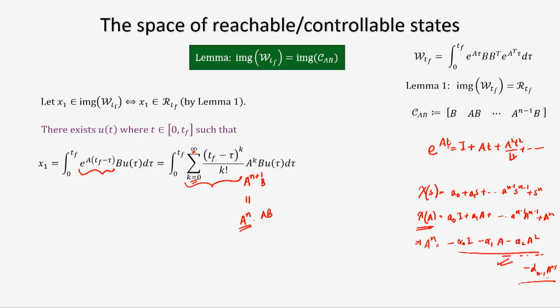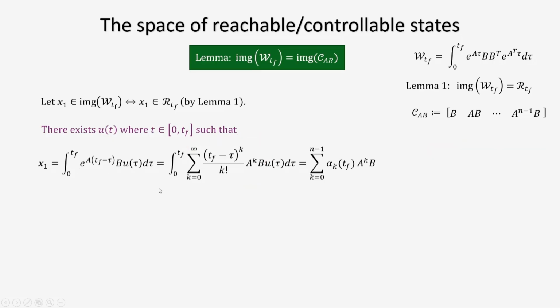You will get another A to the power of n term, and you can again replace it by this. So, basically the point being made here is that this infinite series is not actually infinite. I can rewrite this series in terms of powers of A from A to the power of 0 to A to the power of n minus 1, that is, in terms of b up to A to the power of n minus 1 b. So, I can rewrite this expression in this way.